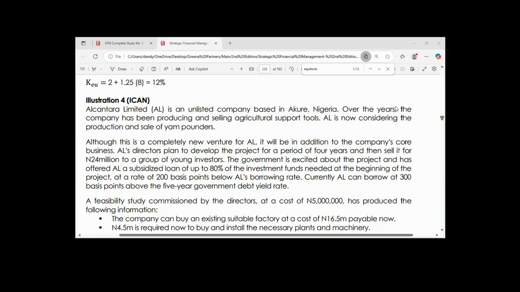And I told you it's the same decision rule that you have for NPV that you have for APV. If it is a positive APV, we advise that the project should be undertaken or accepted. But if it is a negative APV, the project should not be undertaken. And this is what we did in our last class.